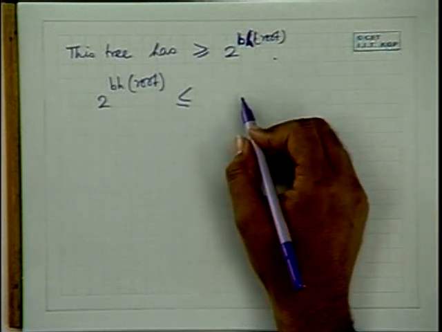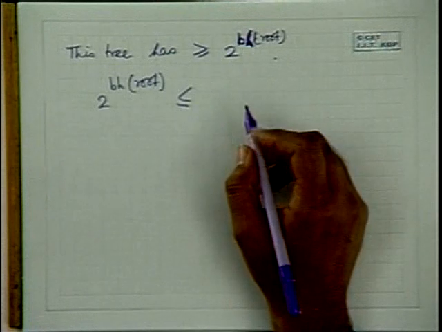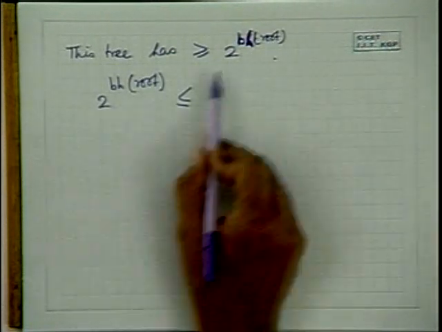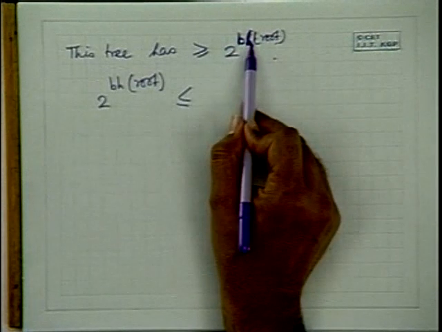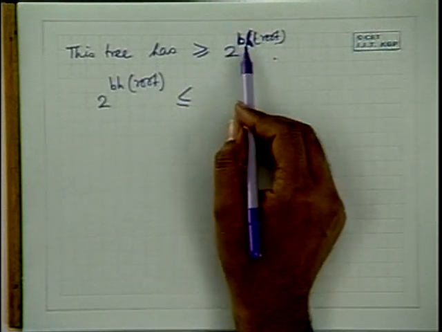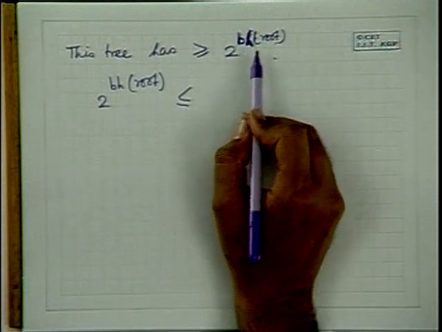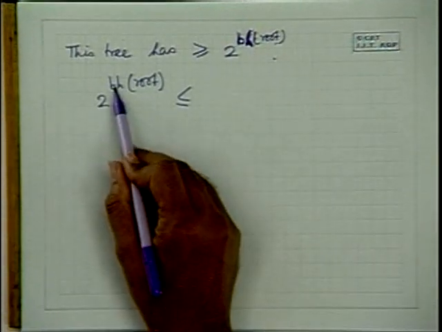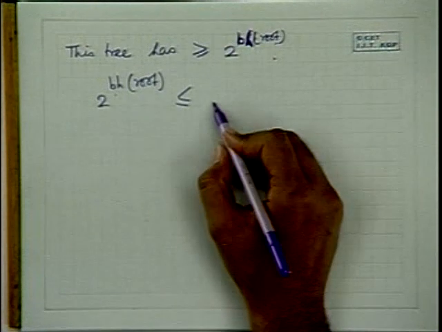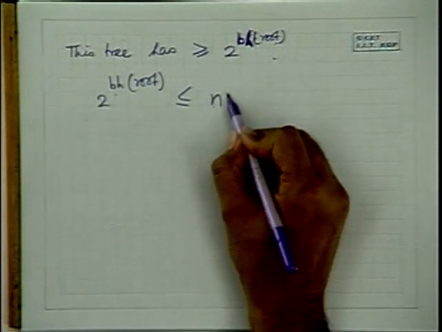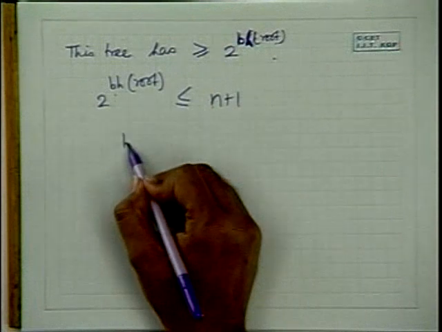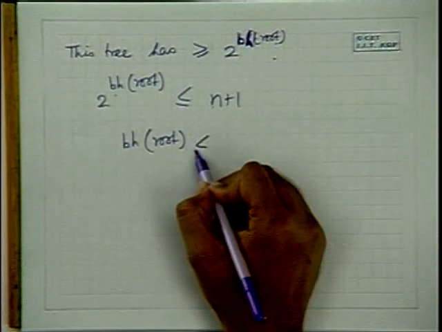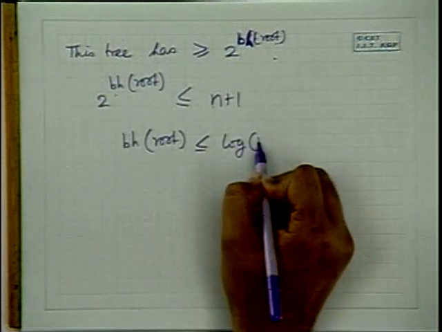At least this many leaves are present in this tree. And this 2 to the power BH of root must be less than or equal to n plus 1. That immediately gives BH of root less than or equal to log of (n plus 1).